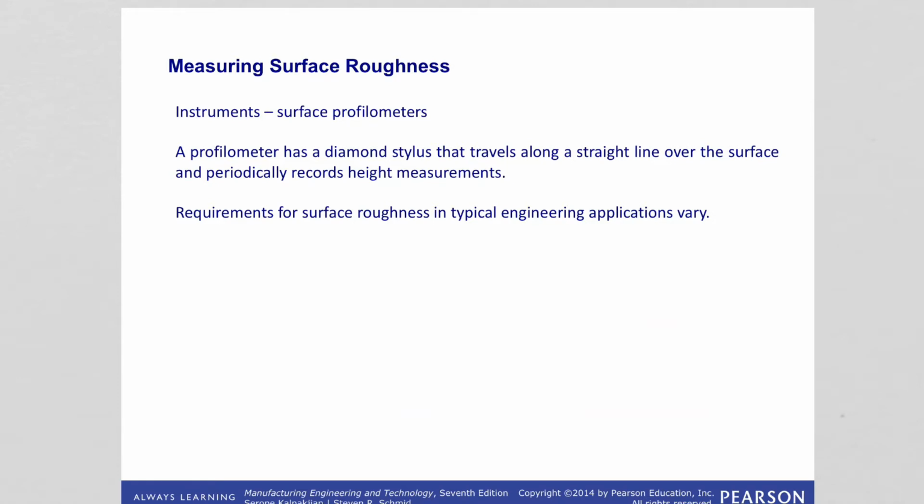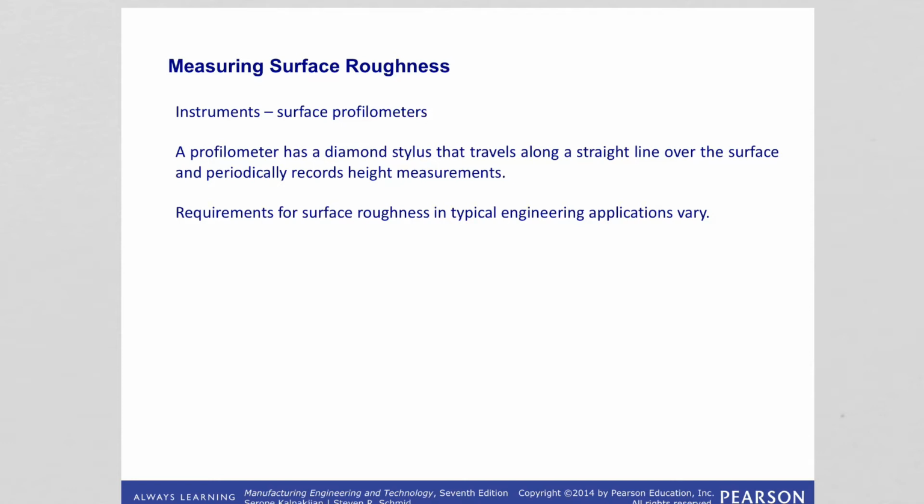So how do we measure surface roughness? There are instruments. If you're interested, you can search YouTube for surface profilometers and see how it works. So instruments we call surface profilometers.